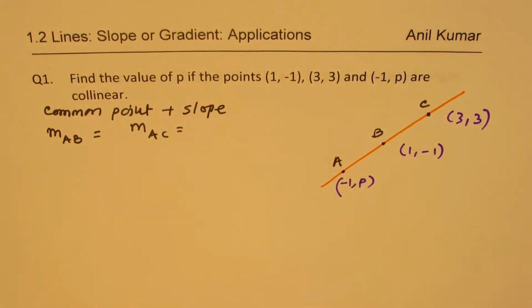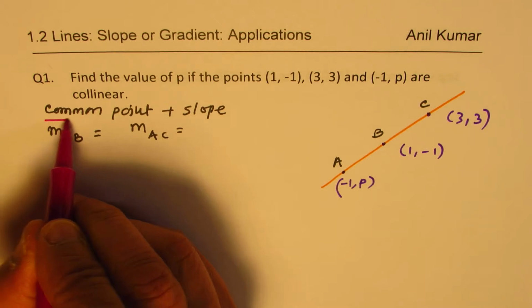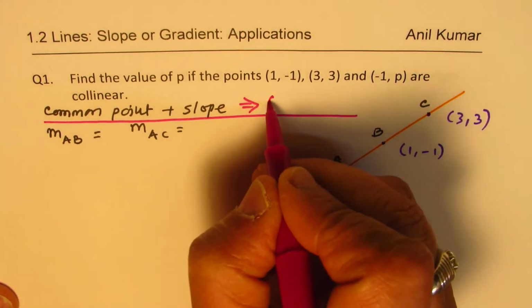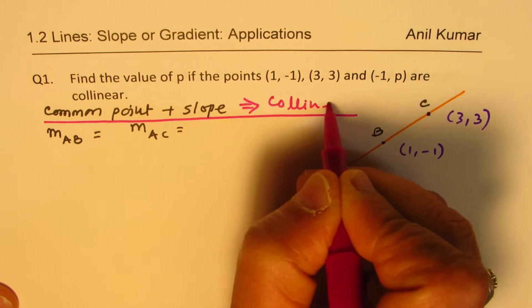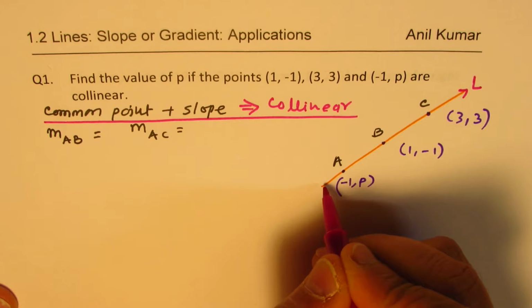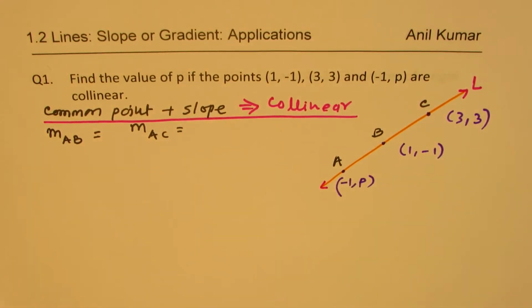So if that is true, then we say that the points are collinear. Means on the same line. Let's call this line L. Then they are on the same line. Perfect. So the concept, I hope, is absolutely clear.